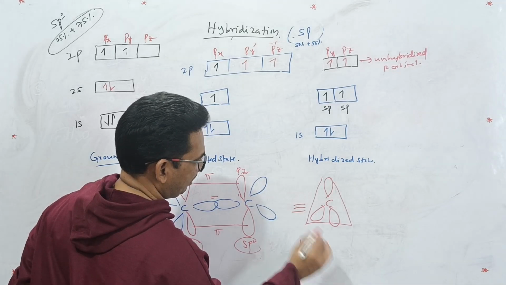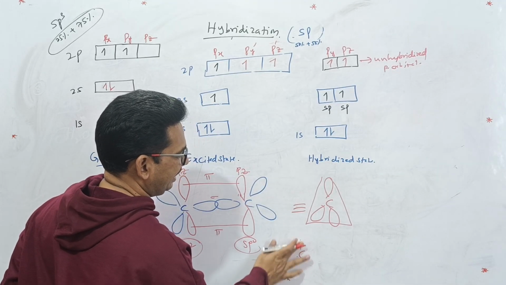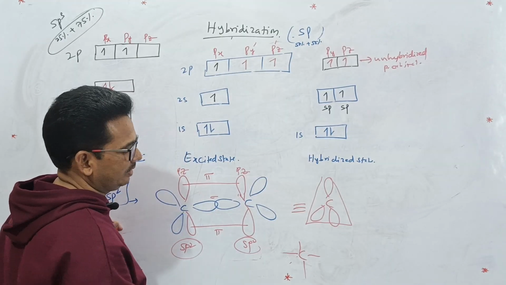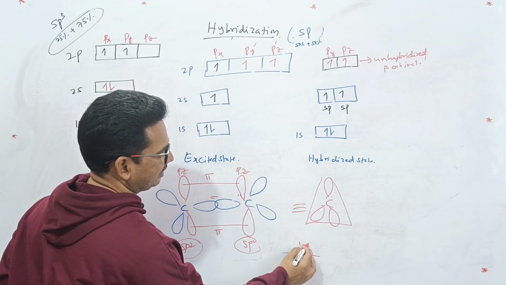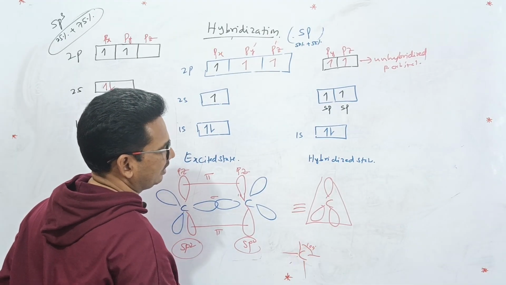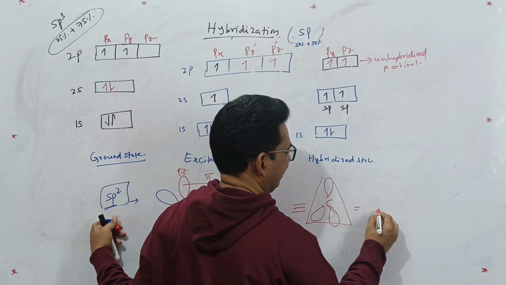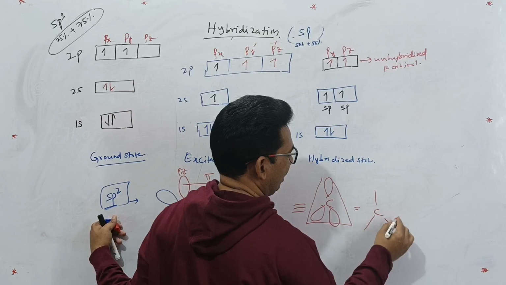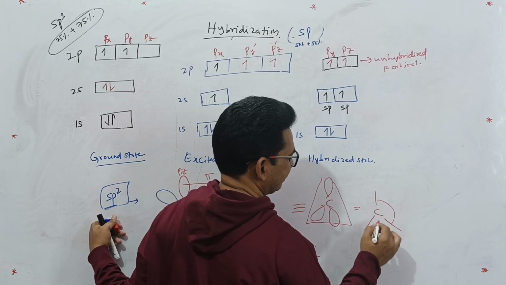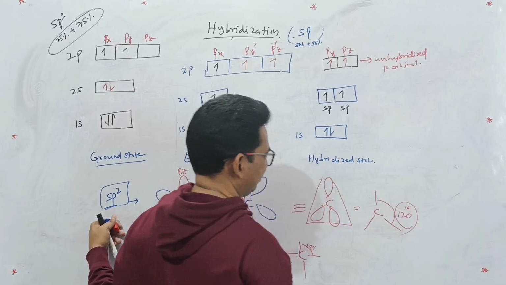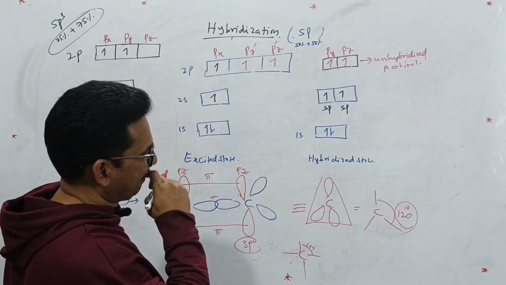This is trigonal, but in case of sp3, tetragonal, like this. That's why the bond angle is 109. But here in this case, the bond angle in case of trigonal is 120 degree. See the bond angle, 120 degree.